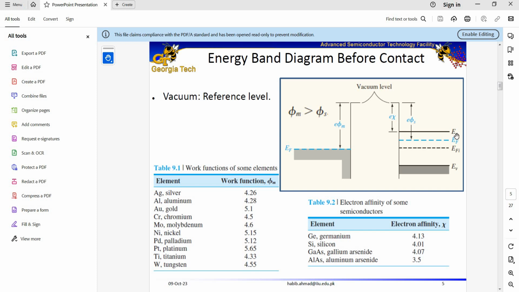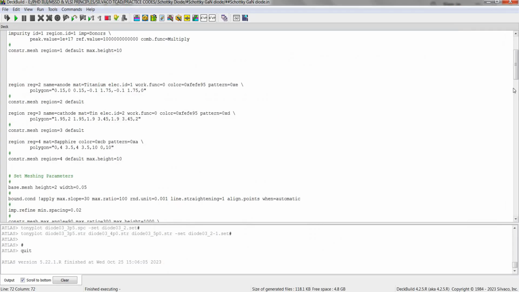And generally our Fermi level is really close to the conduction energy level, and electron affinity for gallium nitride is 4.1 electron volts. So our work function for the semiconductor would also be around 4.1, 4.2, 4.3 electron volts. I've assumed a work function of 5.5 for the metal in order to fulfill this requirement that our metal work function should be greater than semiconductor work function, as you can see inside the code.